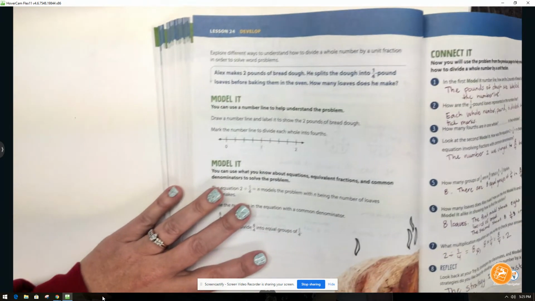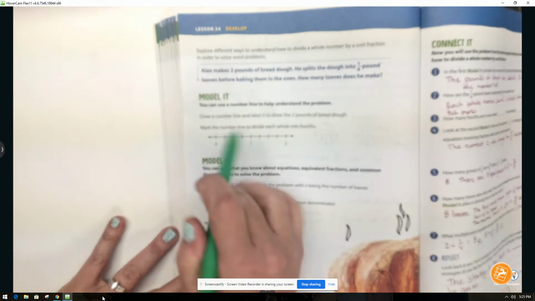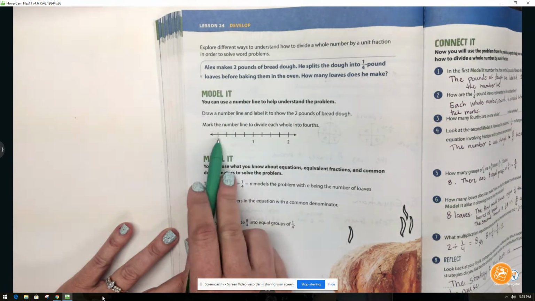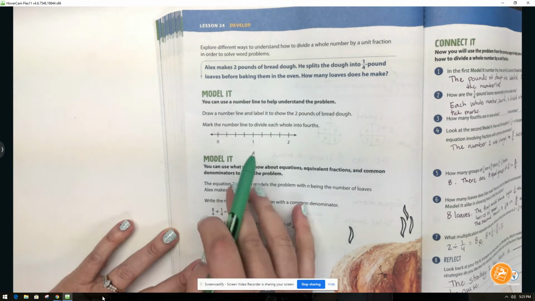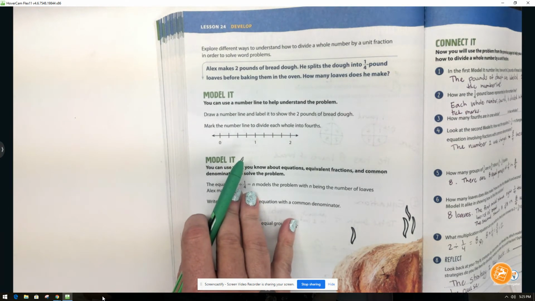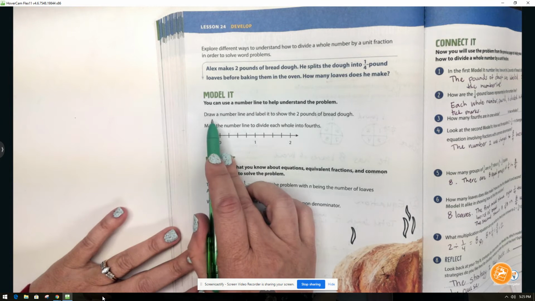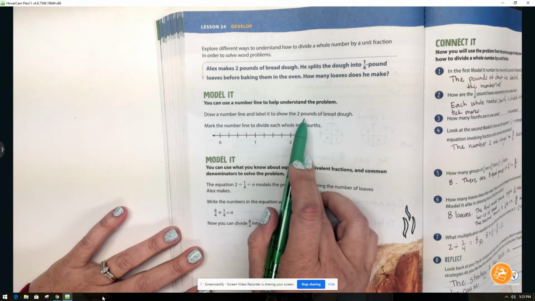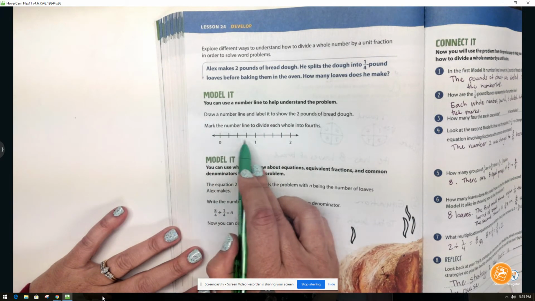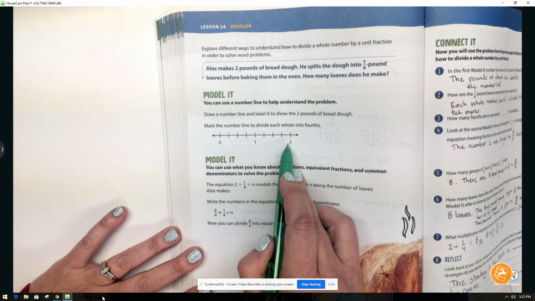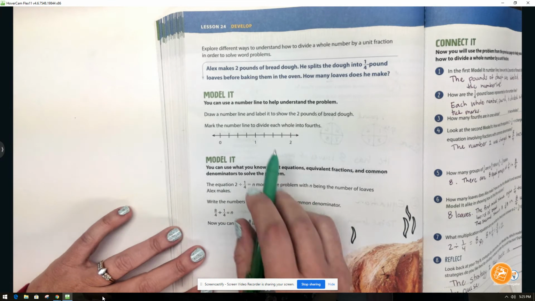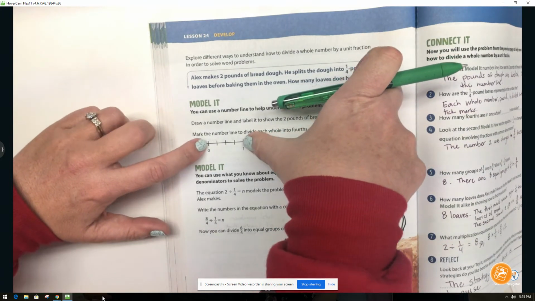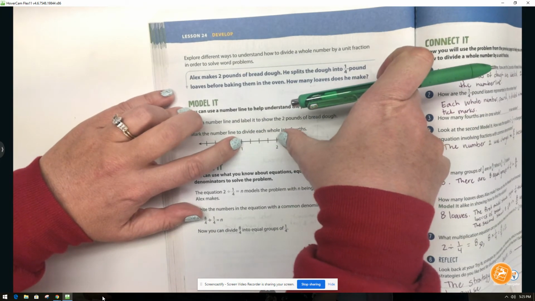Now on 482, they did this same problem, but they used a number line instead of drawing a model like we did. And don't worry, it works the same. We drew a number line and labeled it to show 2 pounds of bread. So we have 1 pound of bread, 2 pounds of bread. Then we marked the number line to divide each whole. Remember, a whole is from 0 to 1 or from 1 to 2.